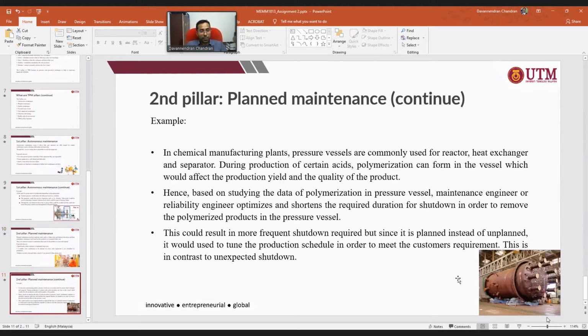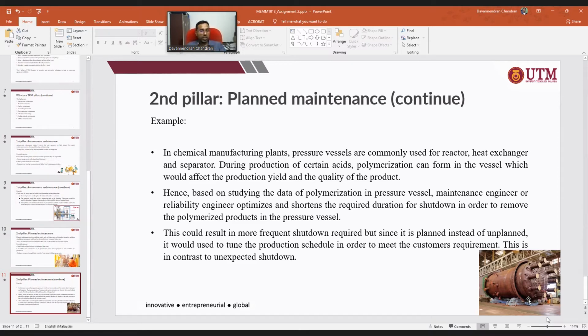The example is that in a chemical manufacturing plant, you usually come across pressure vessels. An example of a pressure vessel is shown at the bottom here. They are used for reactors, heat exchangers, separators, and production of certain types of acid. Polymerization could form in the vessel, and this could adversely affect the production yield as well as the quality of the product.